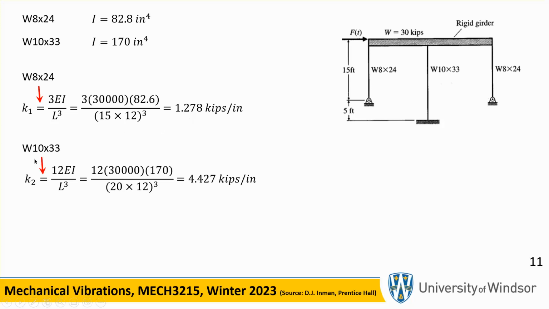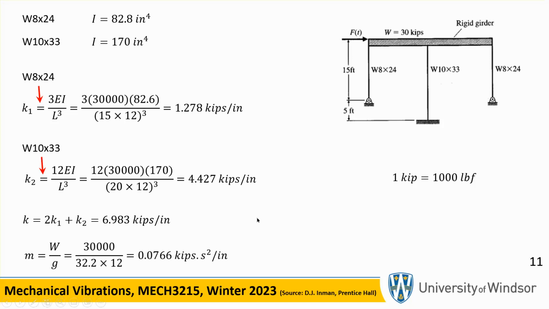And of course, the middle one is actually fixed down here or clamped down here. So it's going to be 12 instead of 3. Plug it in. And now notice that all three of these are in parallel. And I wanted to remind you that one kip is 1,000 pounds, but these are all parallel, so add them up and you're going to get this.